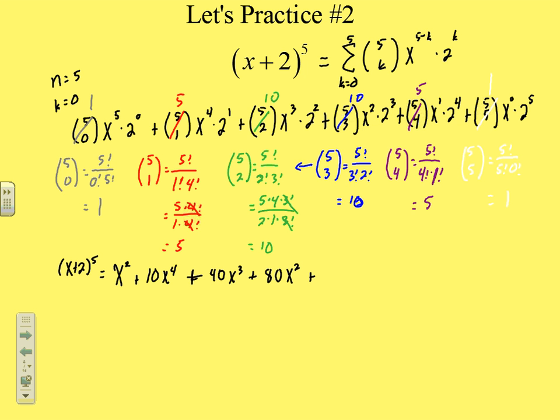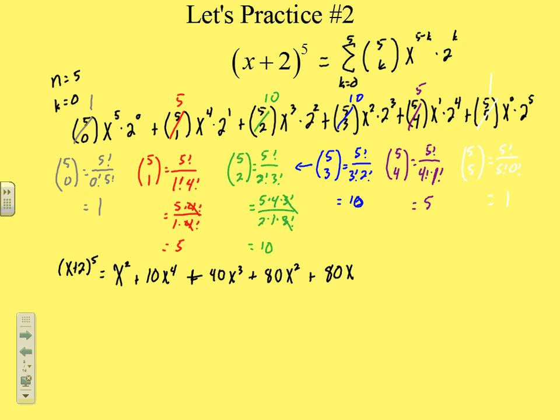And then 5 times 2 to the 4th power. Well, 2 to the 4th power is going to give you 16 times 5. Well, 16 times 5 is going to give you 80, another 80, so 80x.